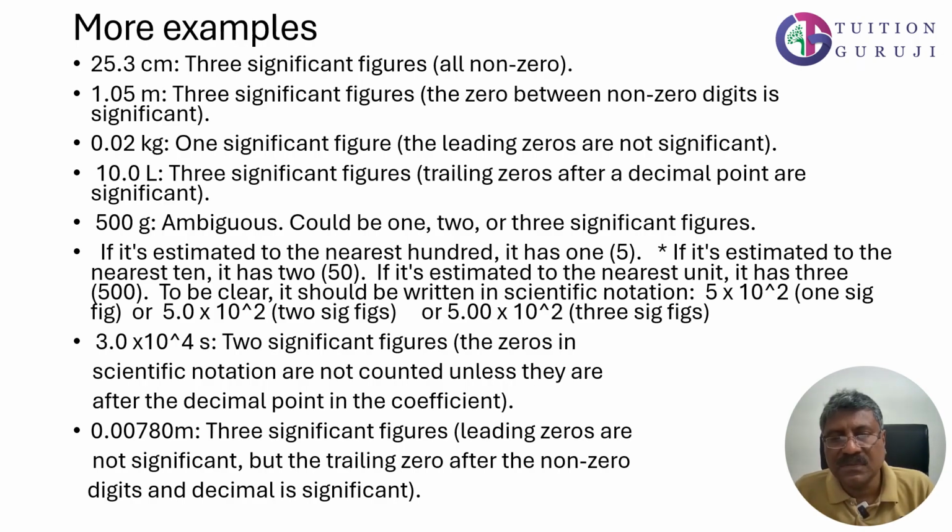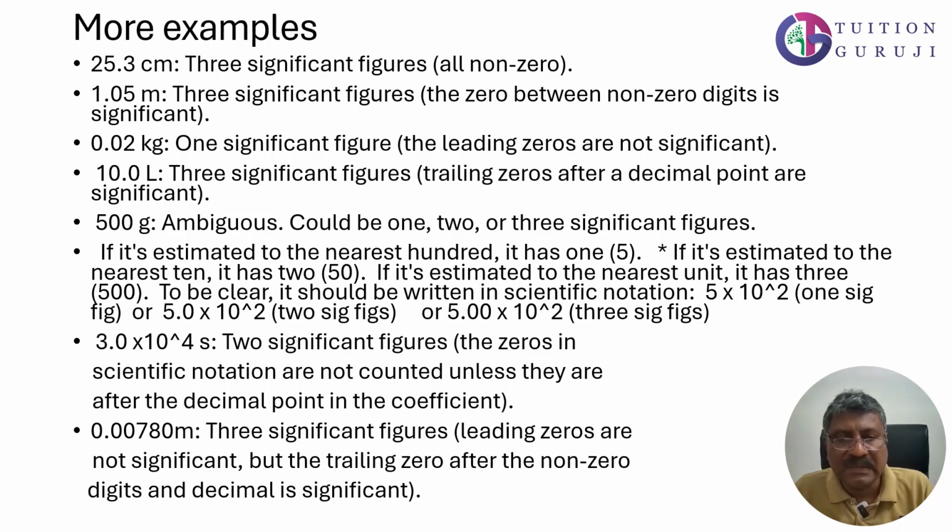10.0 has 3 significant figures, as the trailing zeros after the decimal point are significant. 500 is ambiguous. The significant figures can be 1, 2 or 3. If it is estimated to the nearest 100, it is 5 hundreds.